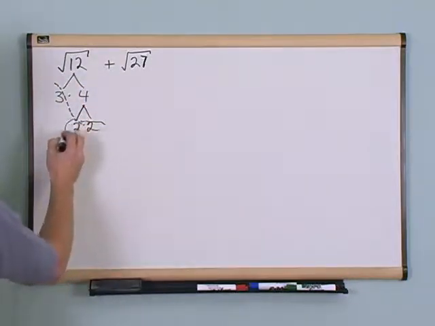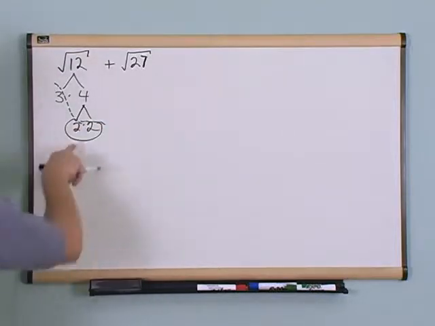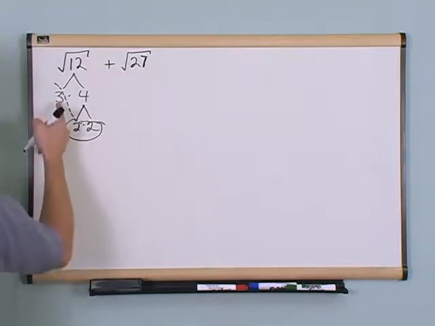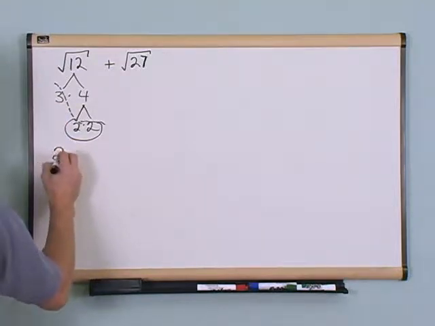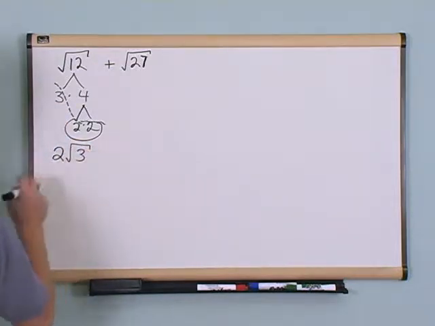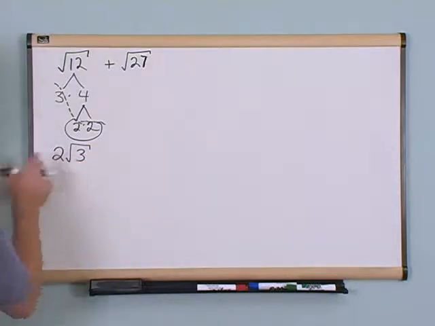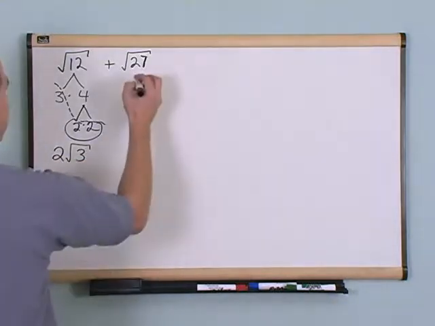Of course, we have a nice pair here, the 2. So we're going to take this 2 and pull it out, and the 3 is by itself, so it stays in. So this reduces to 2 times the square root of 3. Everything we've done here is the kind of thing that we learned how to do in the previous section of the class. So let's keep that right there.